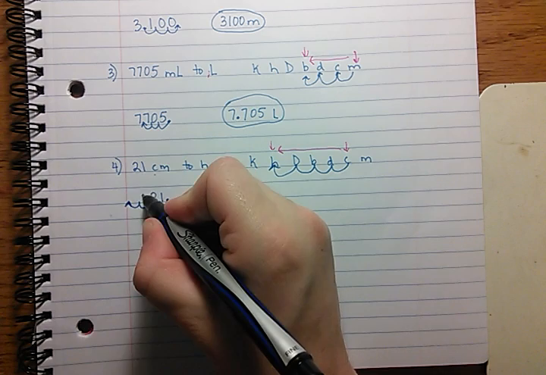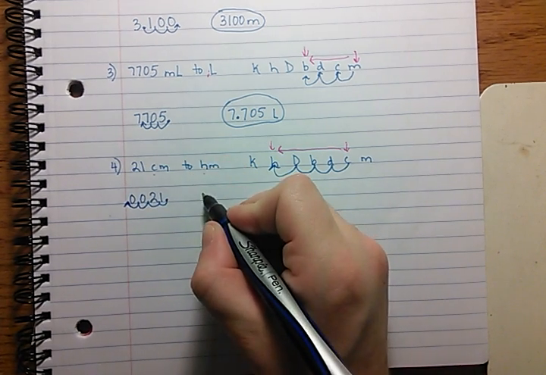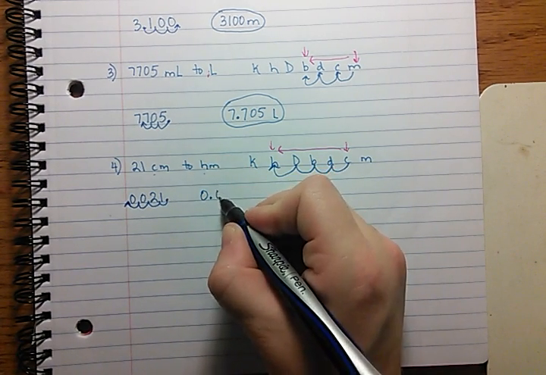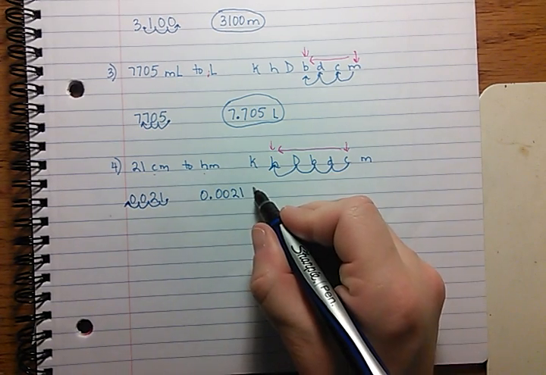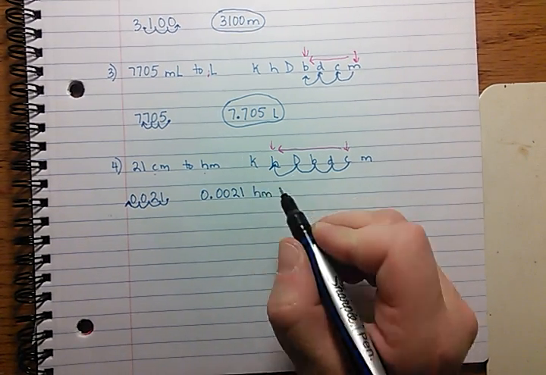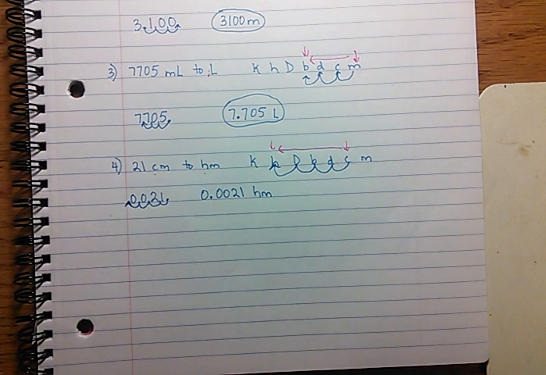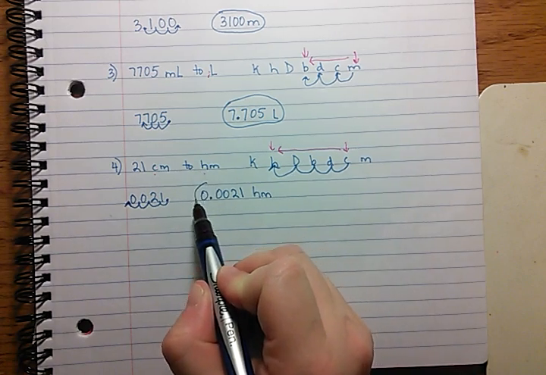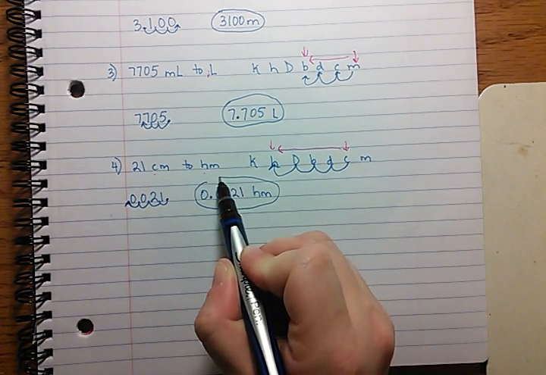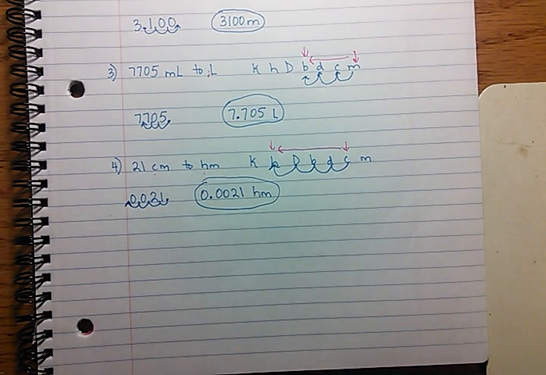Okay, these empty spots you fill in with zeros. So you end up with 0.0021. So what this problem tells us is that 21 centimeters is the same as 0.0021 hectometers.